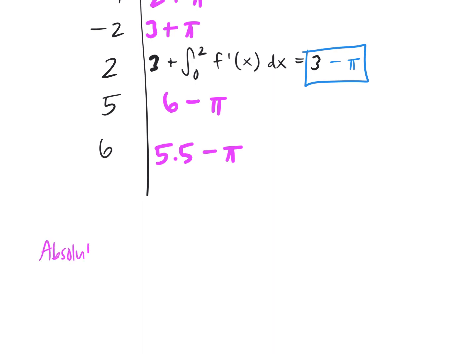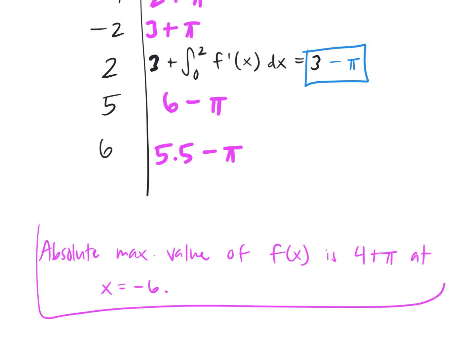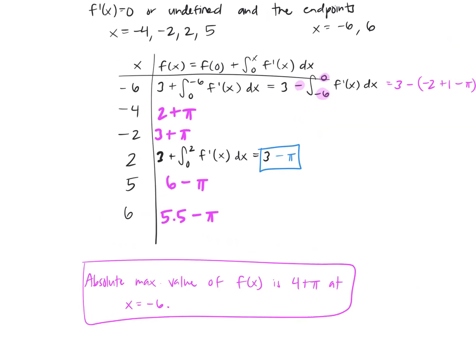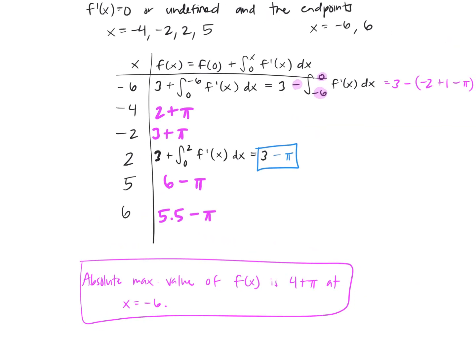Our absolute maximum value of our function f of x is 4 plus pi at x equals -6. Okay, so you did all that work, you got all that practice, but your answer was actually the first one that we found. Okay, any questions on this stuff?